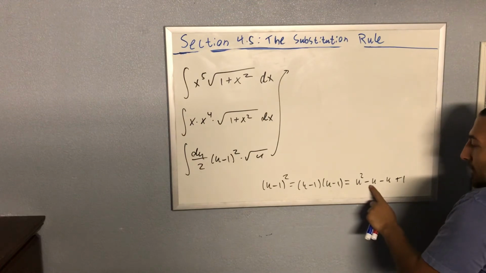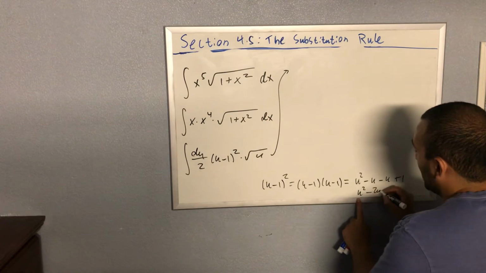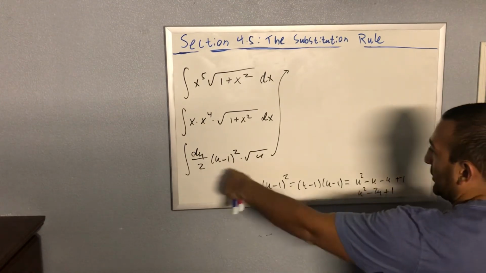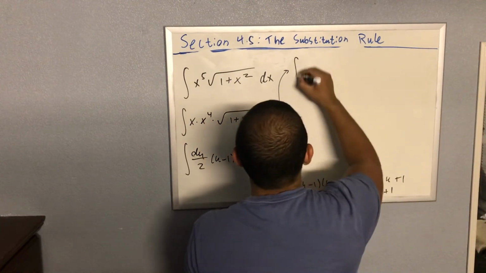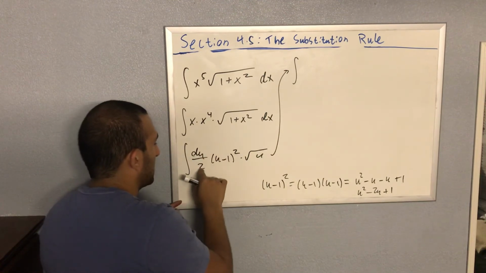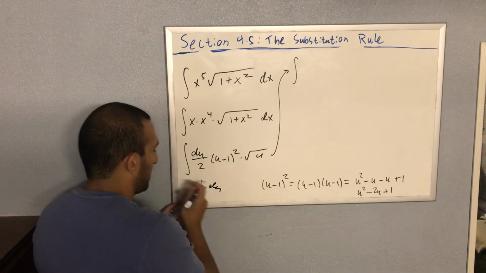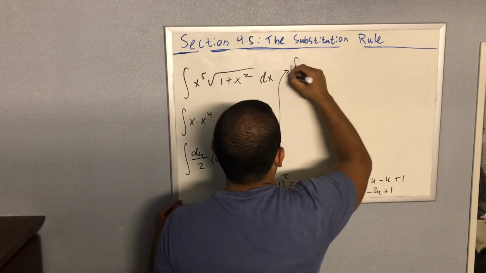And when you combine negative u minus u, you get u squared minus 2u plus 1. So we're going to let this u minus 1 squared be this guy. So we have the integral, and if we want to separate the du and the 2, this is like 1/2 times du, right? So we'll just pull out the 1/2. So we'll have 1/2 out here.